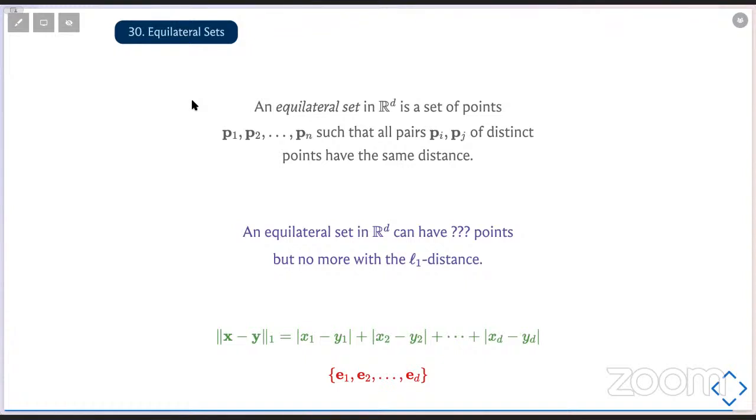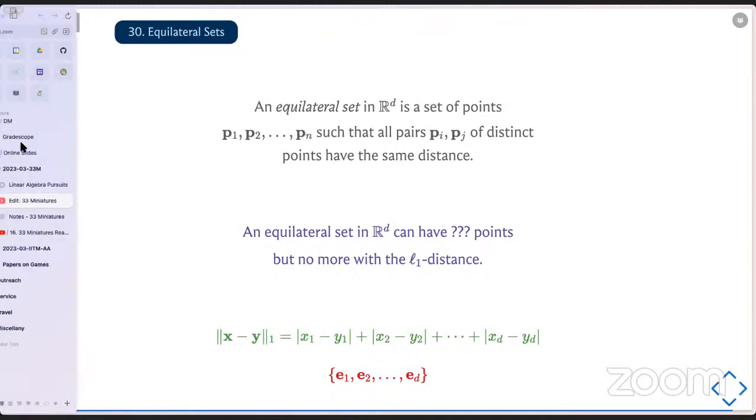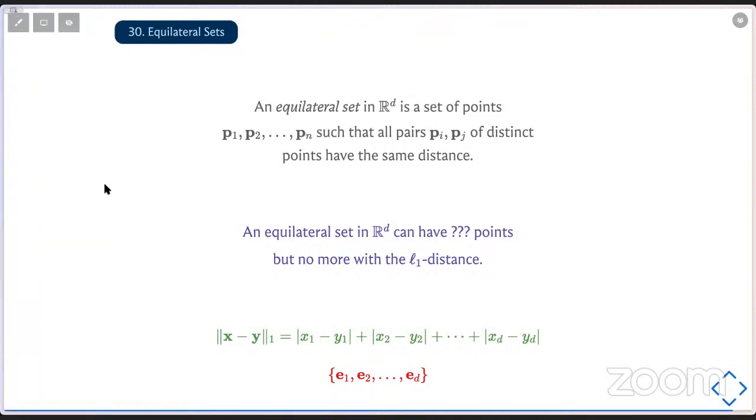But the example from before doesn't work, and that's clear. So like I said, let's just start small. What about just the basis vectors? Can you maybe check if that's equilateral or not?